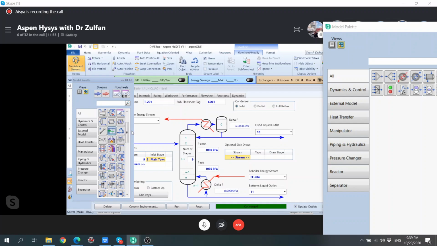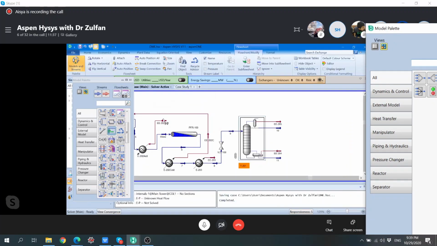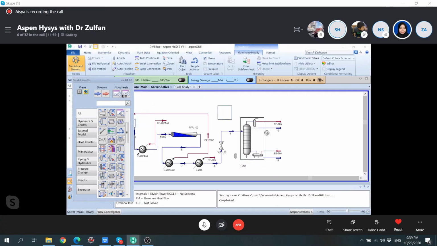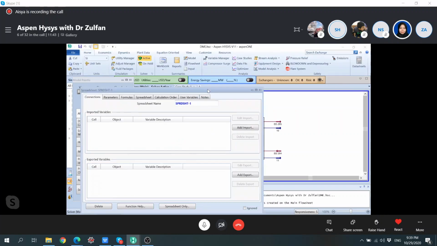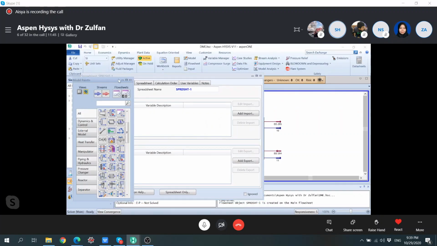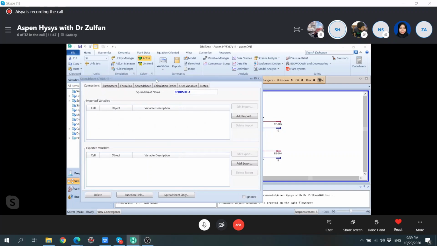Yeah. Right, okay, double click on that. Okay, and then go to that spreadsheet, the tab on the top. We have the connections, parameters, formulas, and spreadsheet.